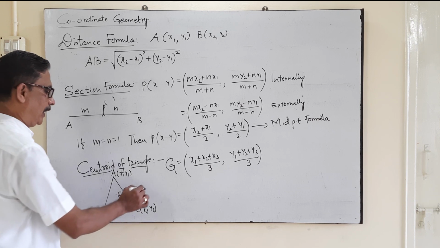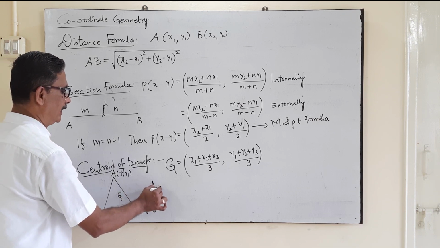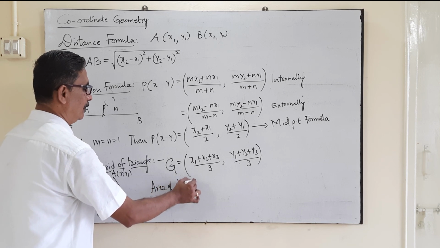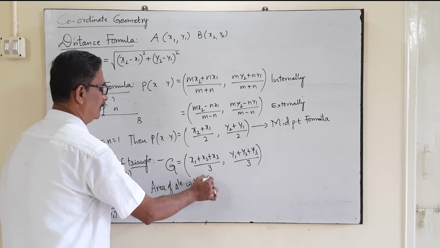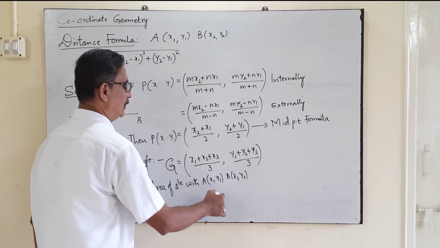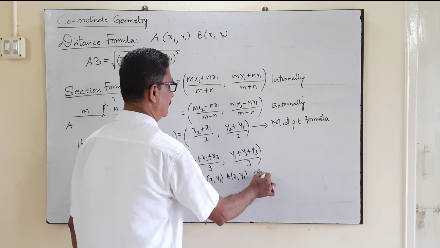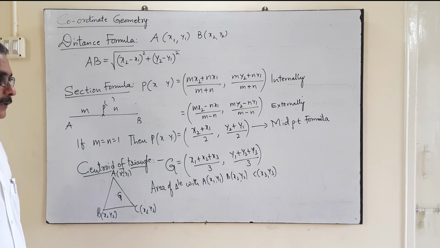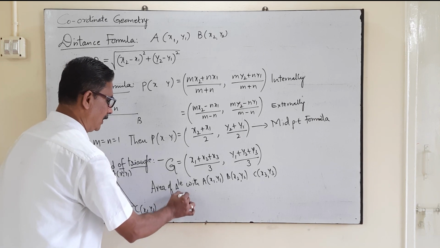Okay, and finally, to find the area of a triangle when three vertices are given, say A of x1 y1, B of x2 y2, C of x3 y3. You know the formula. What is the formula?